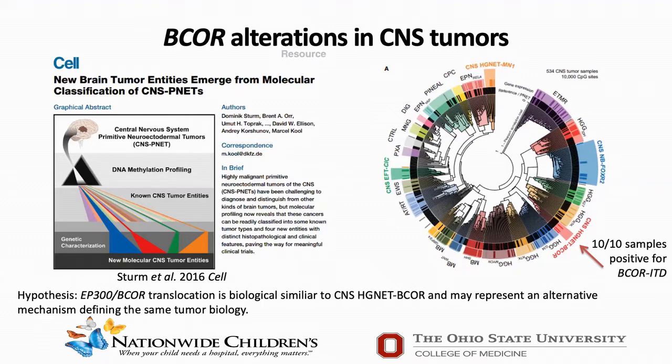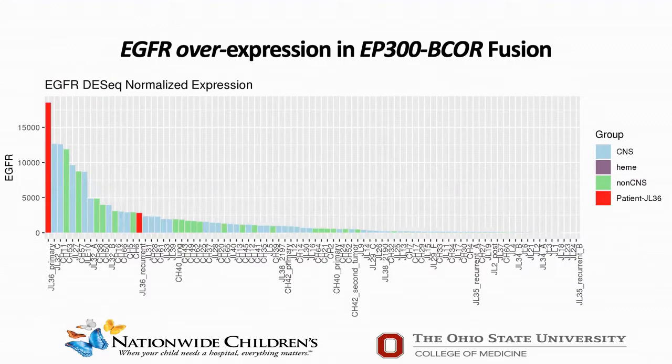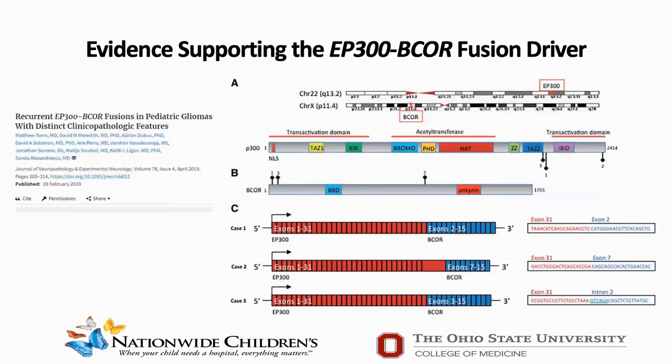And from this and several other similarities that I don't have time to go into, we hypothesized that this translocation was biologically similar to these ITDs and might represent an alternative mechanism. One of the downstream manifestations of EP300 BCOR fusion shown here is our patient's two tumors, the primary on the far left, the recurrent more intermediate in terms of expression of epidermal growth factor receptor, which is of course a druggable target with a multitude of different drugs available for it.